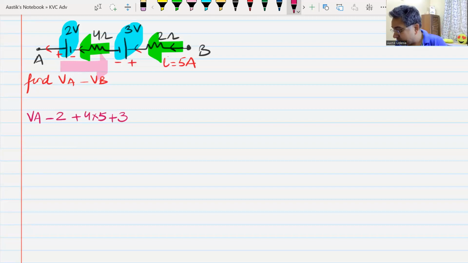Then I move across the resistor. I must remember that I am moving like this, but the current is going in that direction. Rise or drop? Rise, sir. How much is the rise? +2 into 5. And where do I reach now? VB.